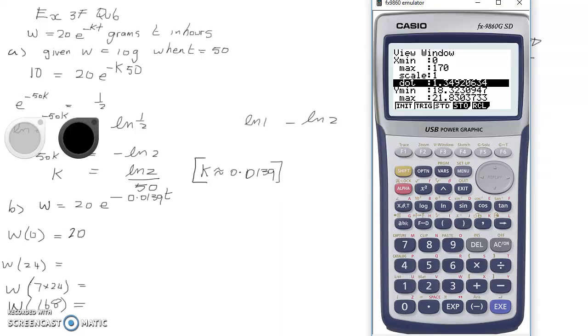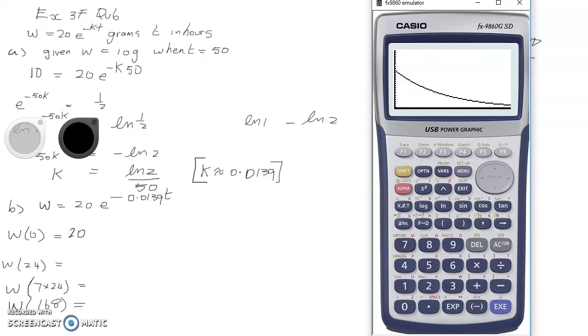And the y value should be getting smaller because it's 20 over e, so it should be getting smaller. So it doesn't have to go to a particularly large number. The minimum value, let's have 0. The maximum value, let's have 30, just see how that goes.